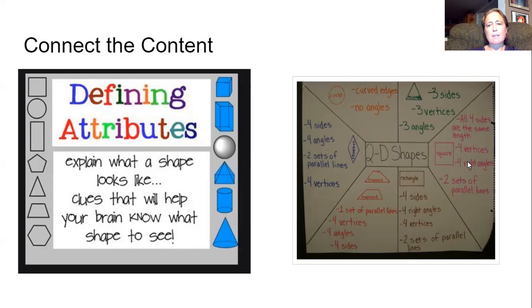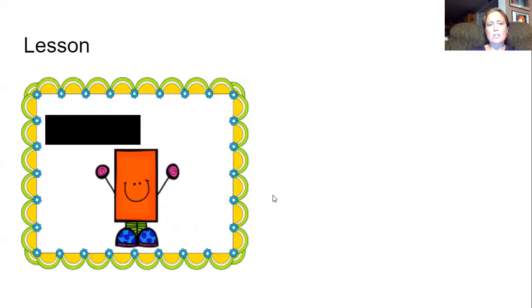All right, before I continue on with our anchor chart, I do want to talk about some more shapes. Okay, this shape, as we all know, is... think about it for a minute before Miss Fogelman says it. This shape is a rectangle, okay? Now, how did we know that that was its name?